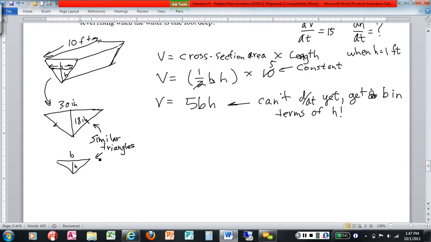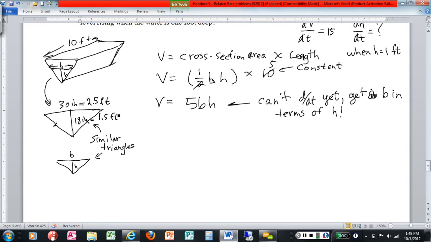Now, one thing to note is, since my length's in feet, I need these in feet, so let's change these to feet. What would 30 inches be in feet? 30 divided by 12 is 2.5, isn't it? And 18 is 1.5 feet. So I've got a relationship here.